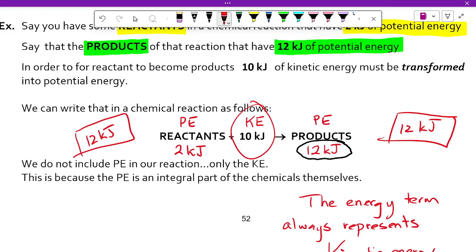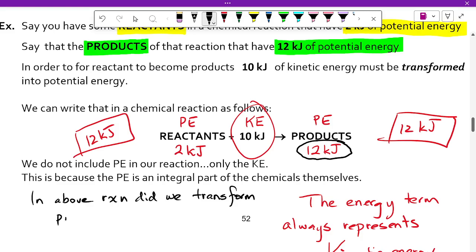So in this reaction, did we transform potential energy into kinetic energy, or did we transform kinetic energy into potential energy? In the above reaction, did we transform potential energy to kinetic energy, or kinetic energy to potential energy?